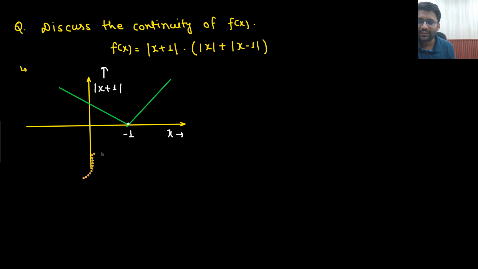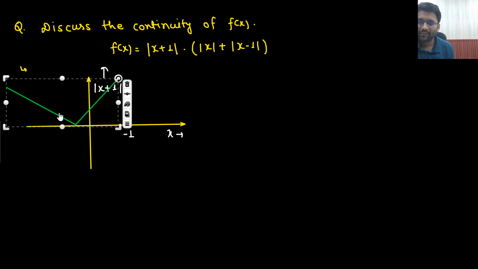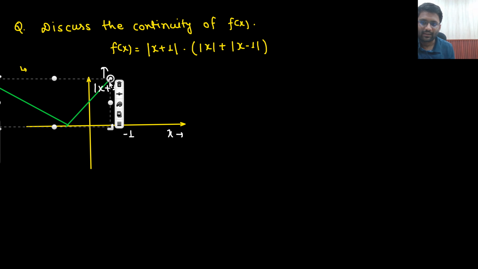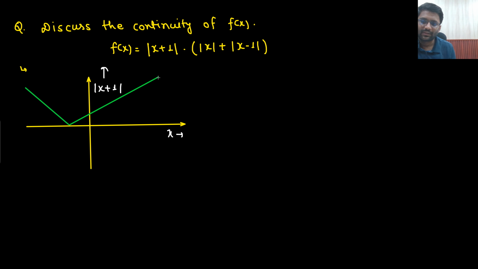Sorry guys, the function is becoming 0 at minus 1, not plus 1. And then at minus 1 I will make the V. This is the graph of mod of x plus 1.